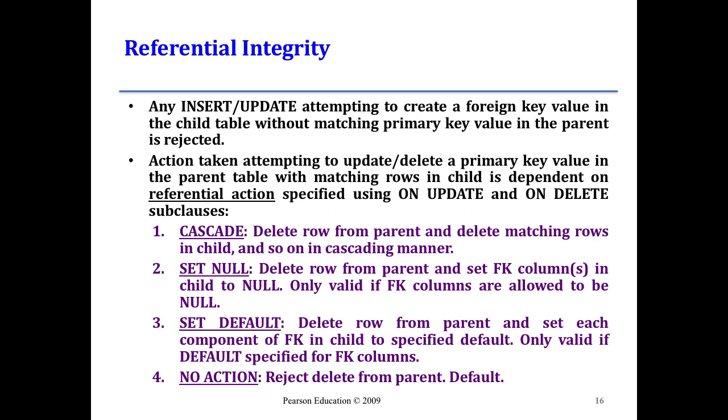If we delete all staff who were working at branch 3, and now we keep cascading, what might we have to delete? Properties managed by that staff. So you have to be careful with that cascade option because it could end up deleting a whole lot of tuples. It may cascade not just from the parent to the child, it could keep cascading from the child down to a grandchild and keep cascading. So you have to be careful.